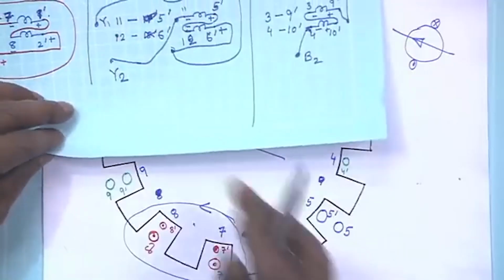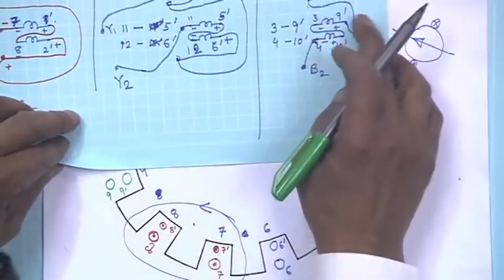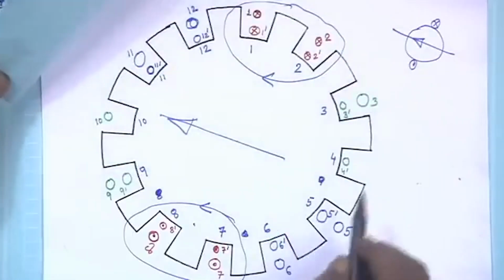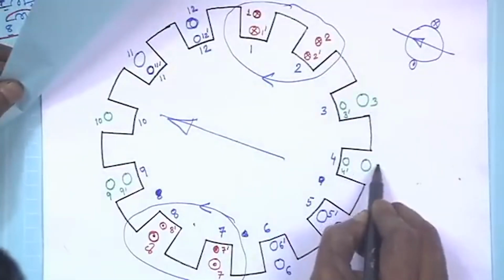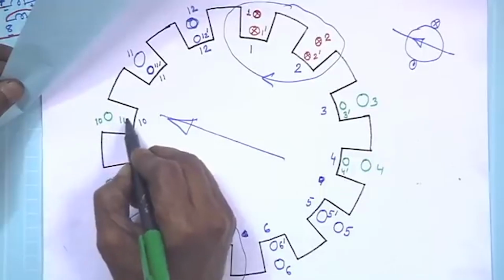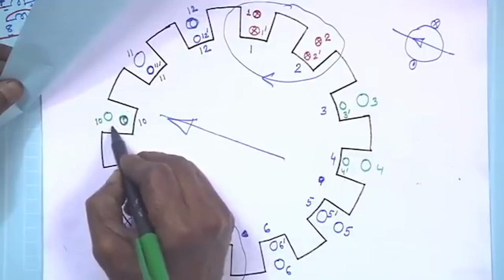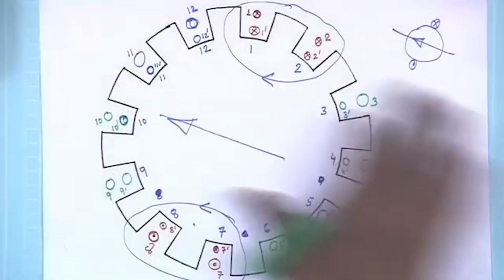And finally, 3 9 dashed is over, 4 10 dashed. So, 4 and 10 dashed.